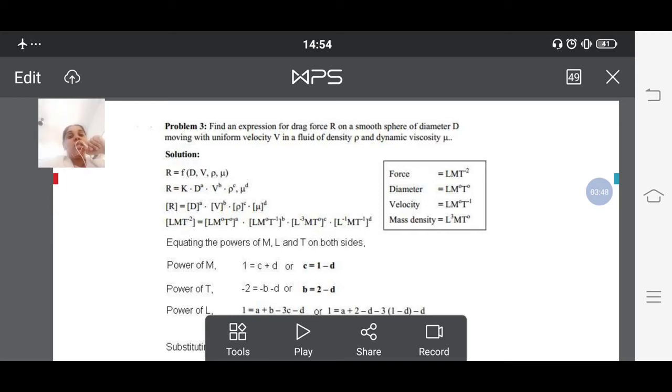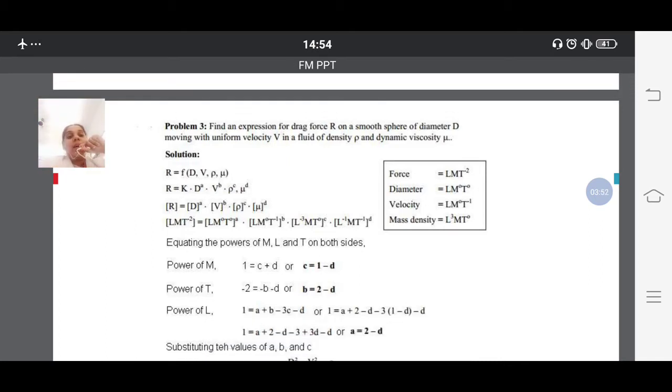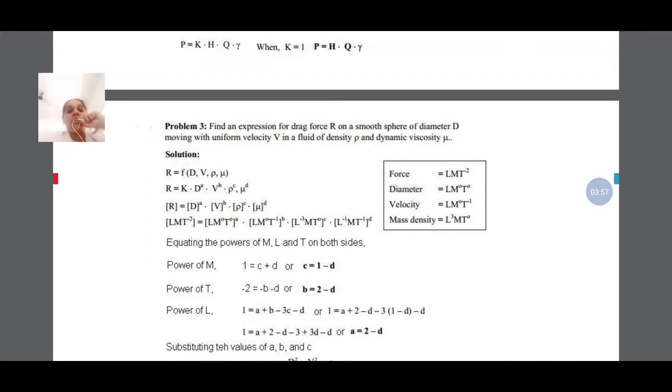We have already seen this in the tabular column from the first class. There we take the dimension for those terms. So the dimension of force is L into M into T power minus 2.